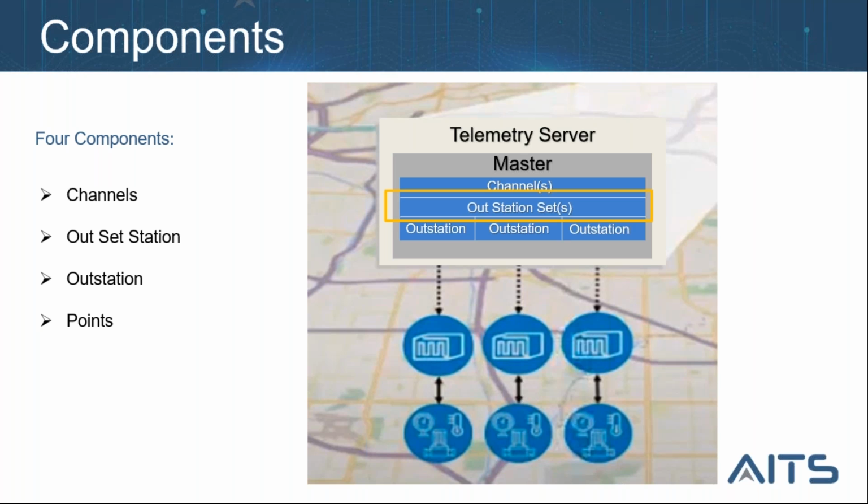All outstations in a set communicate with the server using the same driver-specific protocol. An outstation or remote terminal unit gathers data from and sends commands to the plant. The plant is represented by points in the telemetry server, for example, analog points, digital inputs, analog inputs, outputs also.